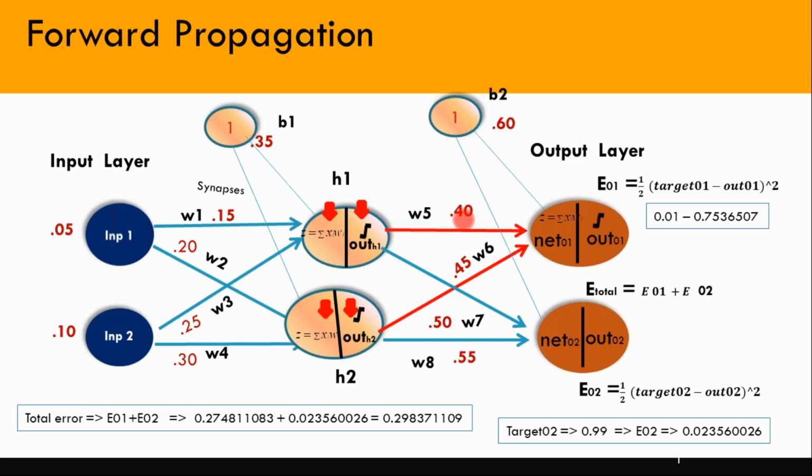The objective is to incrementally adjust these weights, in order for the neural network to produce values that are as close as possible to the actual value and the predicted value. That is the whole objective of the backpropagation algorithm.